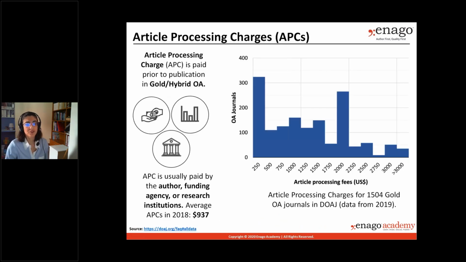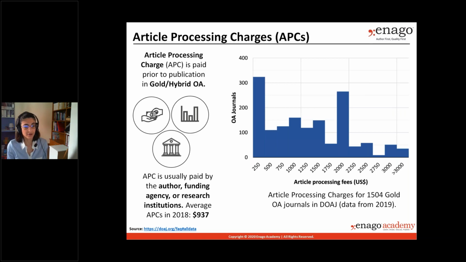Now, article processing charges, you will see here how much the cost for a publication can be. What's the article processing charge in different journals? This can vary considerably. This is paid prior to publication in gold or hybrid open access, and it can vary from fees like $250 to over $3,000 for different journals.